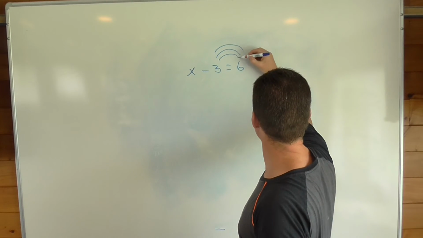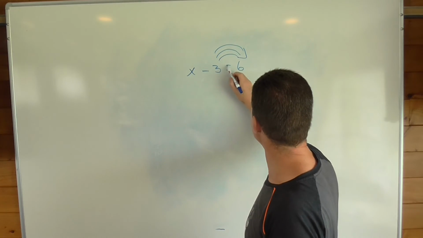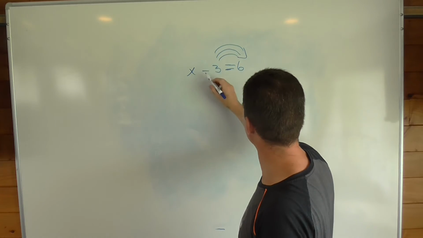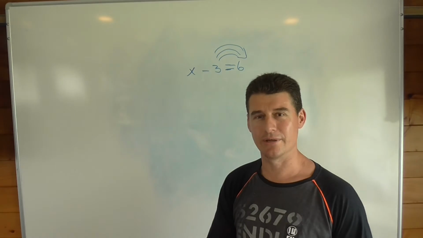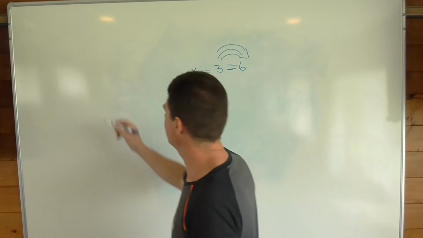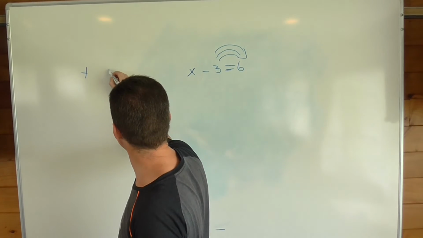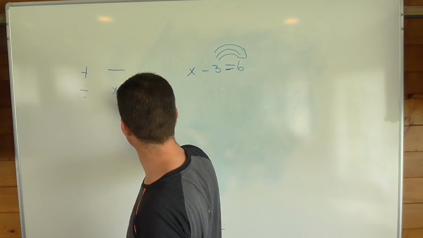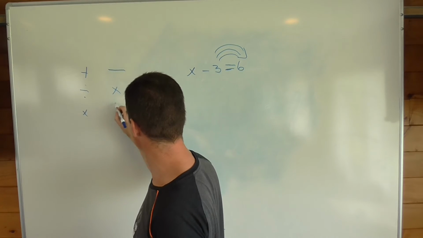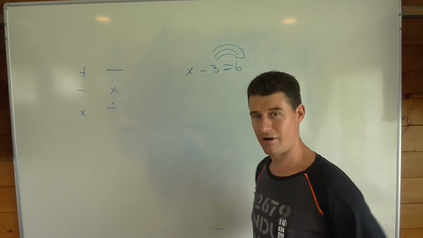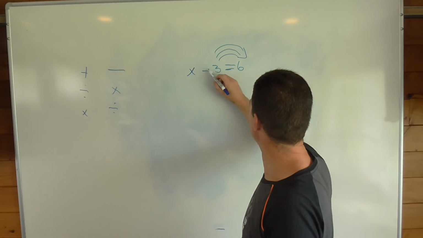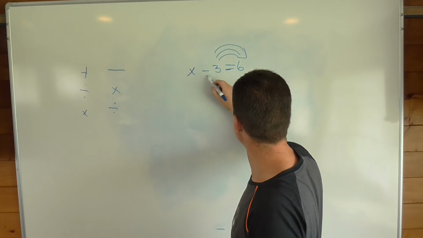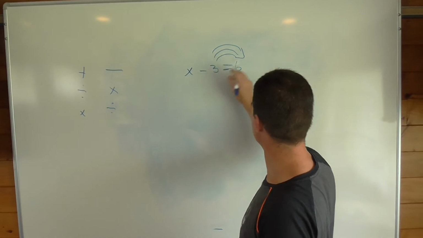So when you bring something over the rainbow, this changes into its opposite. Now remember, plus and minus are opposites. Division and multiplication are opposites. So when you bring it over, this sign becomes the opposite of what it was.